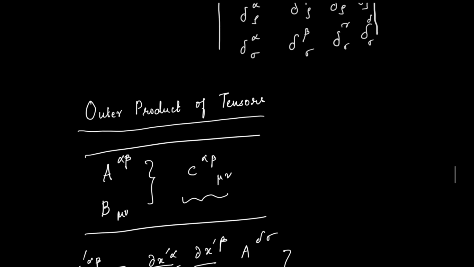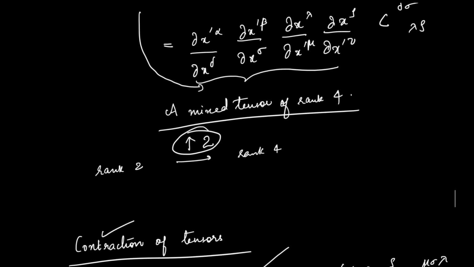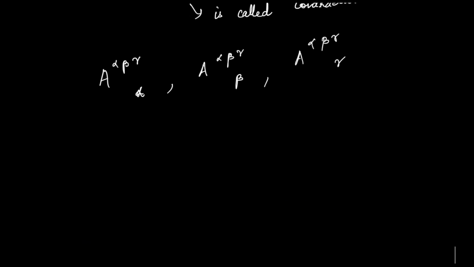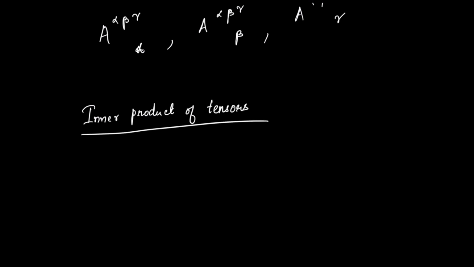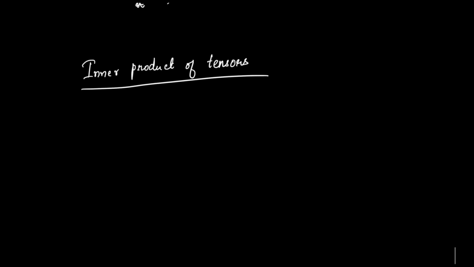So we have defined the outer product of tensors. Now there is something called the inner product of tensors. Now let's see the inner product of tensors. Okay, so to take the inner product of two tensors, first you have to perform their outer product, and then do the contraction.